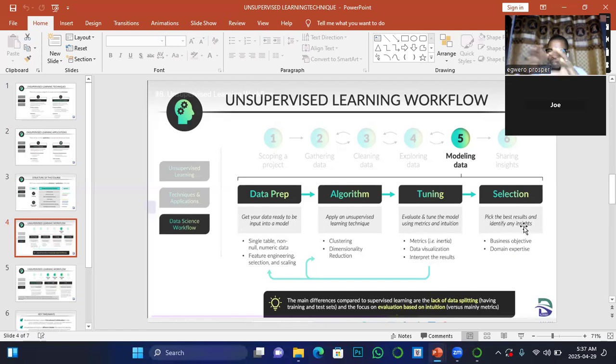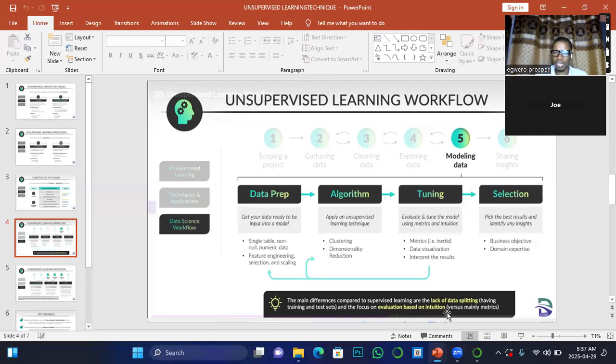Like I told you, after everything, we ask which one is the best result? Let's pick this, let us not pick that. Then note, the main differences compared to supervised learning are the lack of data splitting, having training and testing sets, and the focus on evaluation based on what? Intuition.